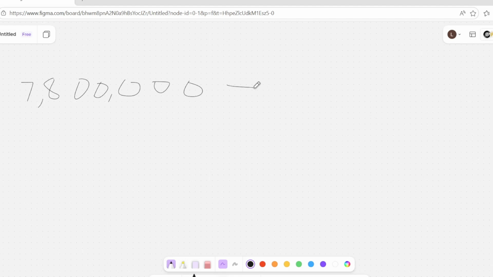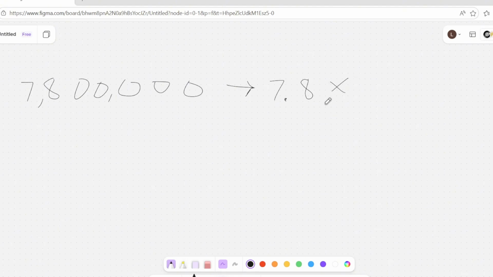Okay, so I'll try to solve this, guys. In this case, is this a big or a small number? As you can see, this is a big number. So this implies that we are going to use a positive value for our exponent. So let's write the 7, add the decimal point, and write 8.